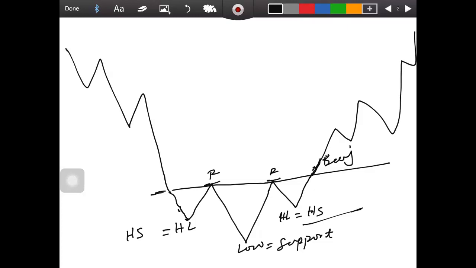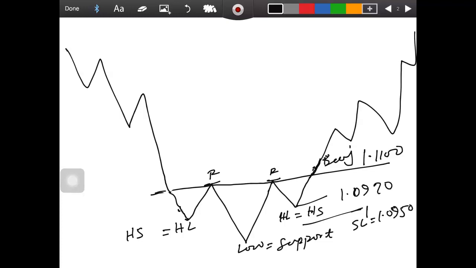Let's say your entry price was 1.1100. Let's say the support here was 1.0970. You can put your stop loss at 1.0950.